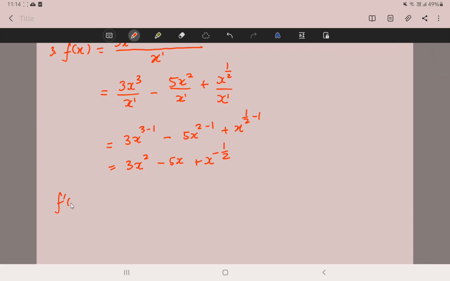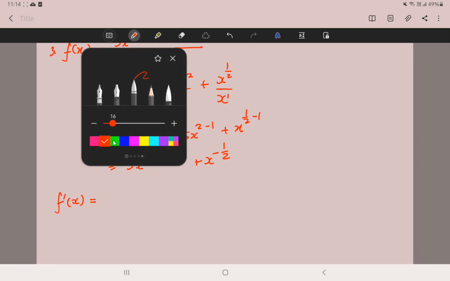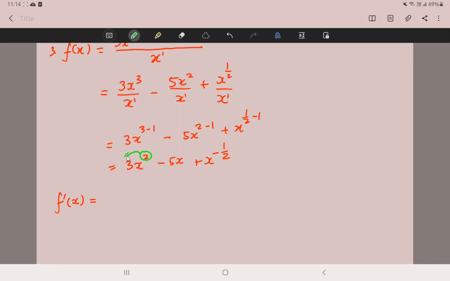So the first derivative of x is actually, if you still remember what I said just now, the power brings in front, times 3, so you have 6x to the power of, decreasing by 1, which is 2 minus 1, which is 1. Or you don't have to write it. The second term is x to the power of 1, right?